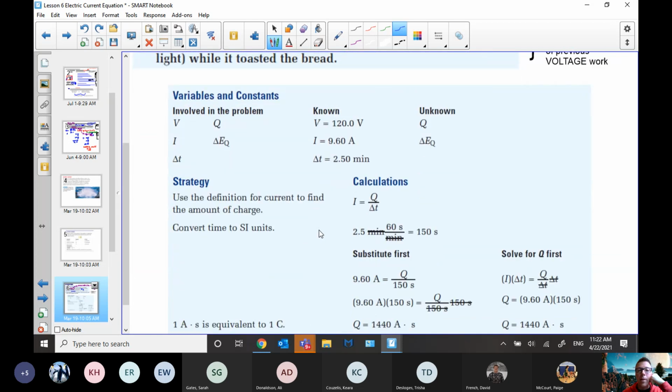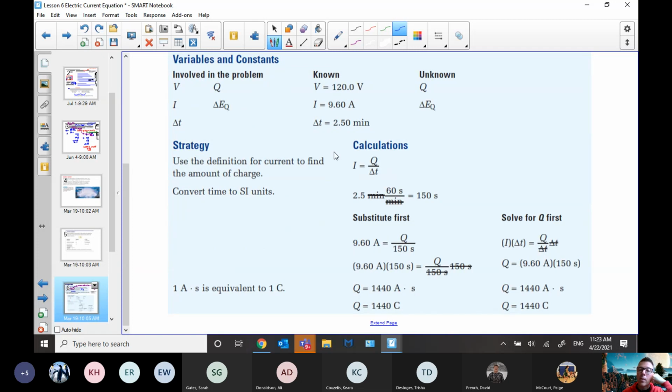So if we look at it together here, you can see they've got their current equals number of coulombs per second, and they have the minutes converted to seconds. They're not super clear about it, but I would prefer to see it written off to the side where you'd be like, oh, I'm given delta t equals 2.5 minutes.